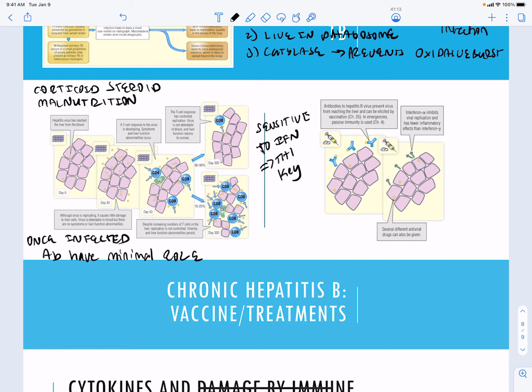And so what you really want for mycobacterium tuberculosis is you want a vaccine. I'm sorry, for hepatitis B. Hepatitis B, we do have a vaccine. It requires several shots given over a period of months. And the vaccine is going to be a protein-based vaccine, and it's going to induce antibodies.